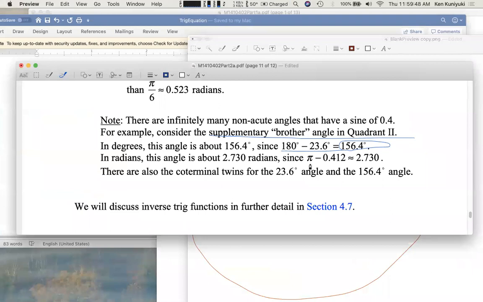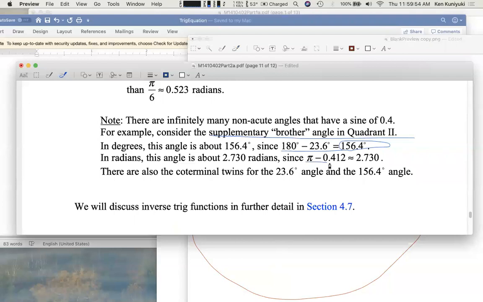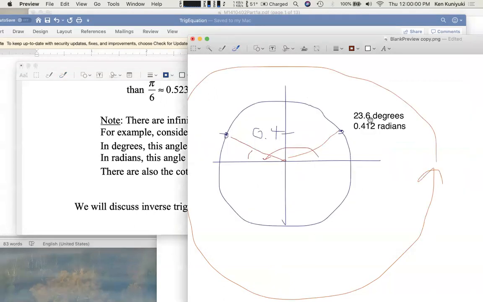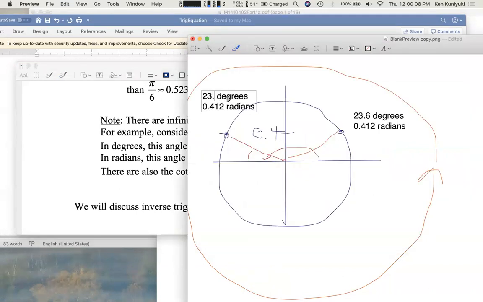In radian measure, instead of 180 degrees, you use pi radians to represent the half revolution. Pi minus 0.412 is about 2.730 radians. So again, in quadrant 2, the solution that we want will be about 156.4 degrees, or about 2.730 radians.